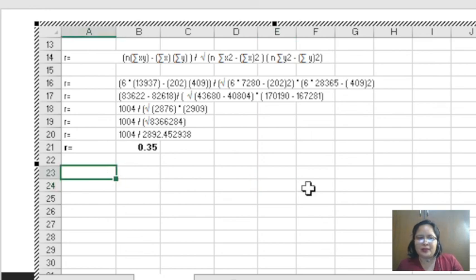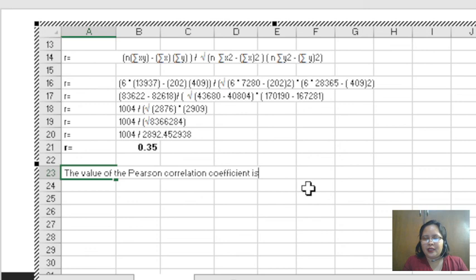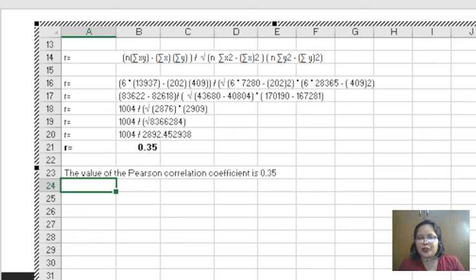Okay, so what does it mean? So let's write this. The value of the Pearson correlation coefficient is 0.35. So what does 0.35 mean? Based on the magnitude used for Pearson's r, 0.35 is a low correlation.